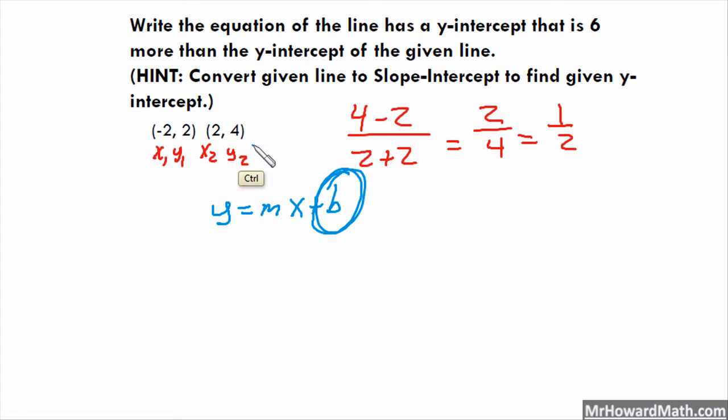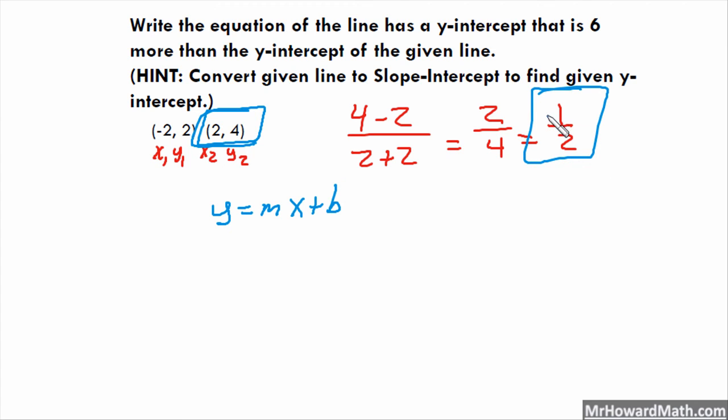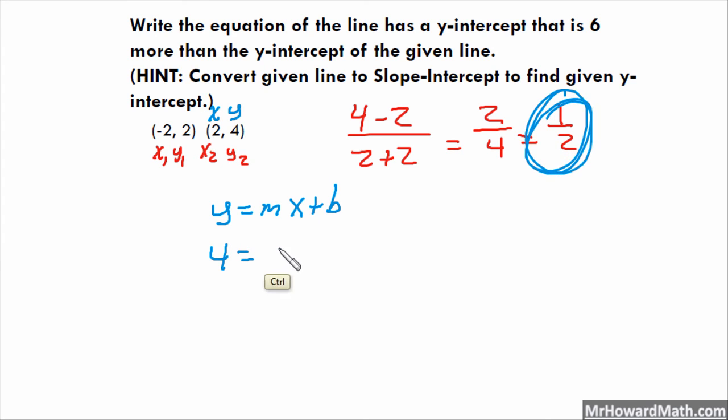So I need to choose one of these points. I'm going to choose that one because both coordinates are positive and I like that better. And the slope that I found, 1/2. So substitute in what you know. So this is going in for x, this is going in for y. So y is 4 from that point. m is 1/2, found that earlier. x is 2 from that point.